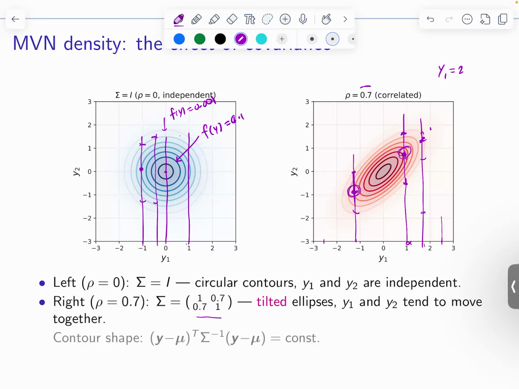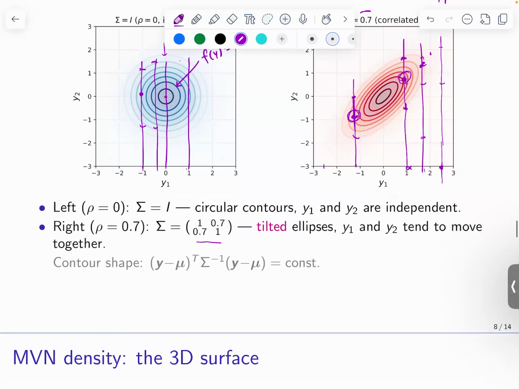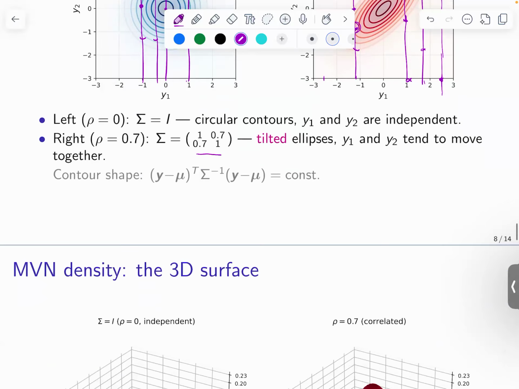But if you happen to observe something above 2 here, then you can actually figure out what the distribution of y2 is. Maybe I should give it as an example for you to figure out. There's a slide about the conditional distribution of the Gaussian, which I'm going to very briefly mention towards the end. We're not going to use it, but you can use it to argue what would happen.